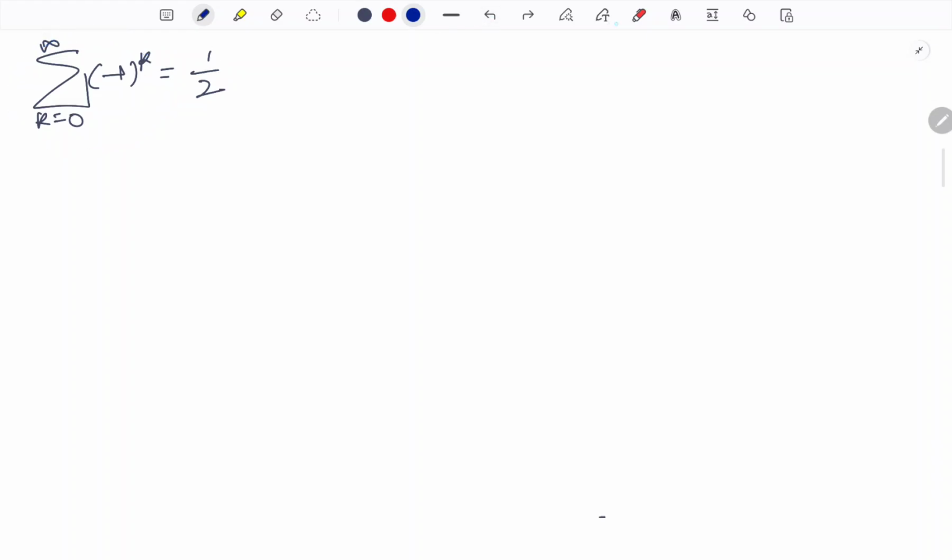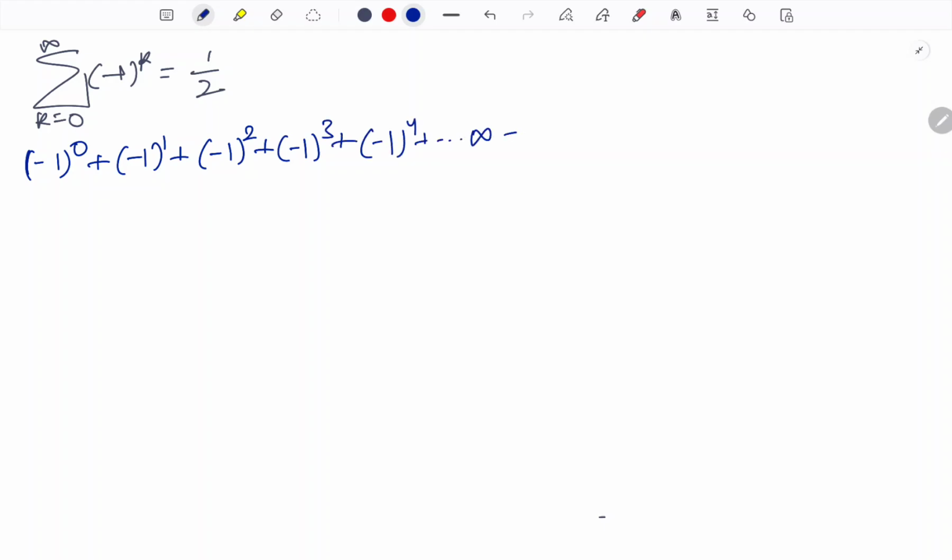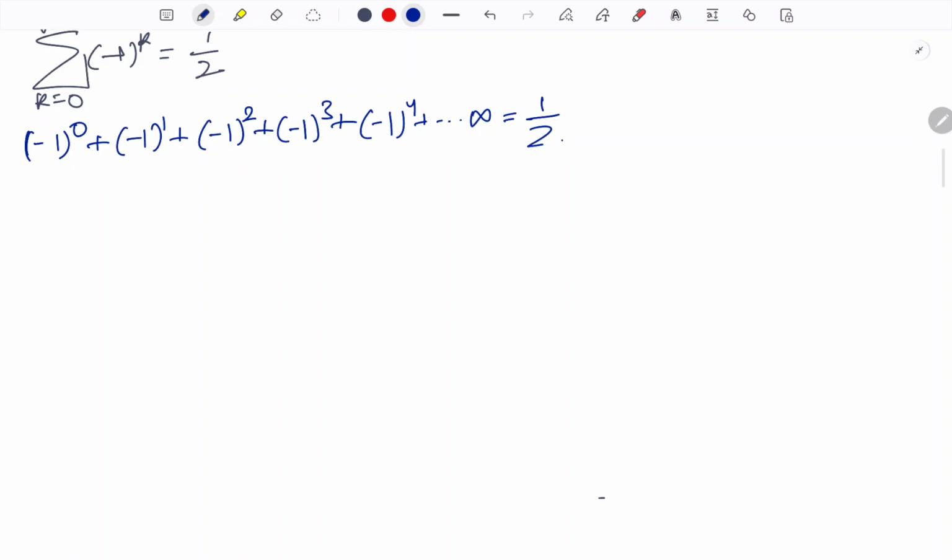Let's expand this. So we have (-1) to the 0 plus (-1) to the 1 plus (-1) to the 2 plus (-1) to the 3 plus (-1) to the 4, and so on, equals 1 over 2, because according to our formula it's true.